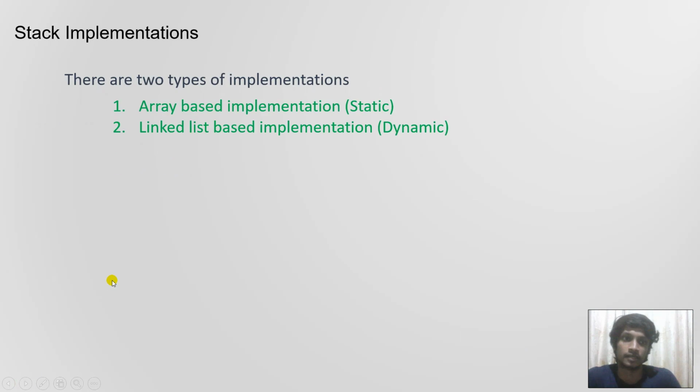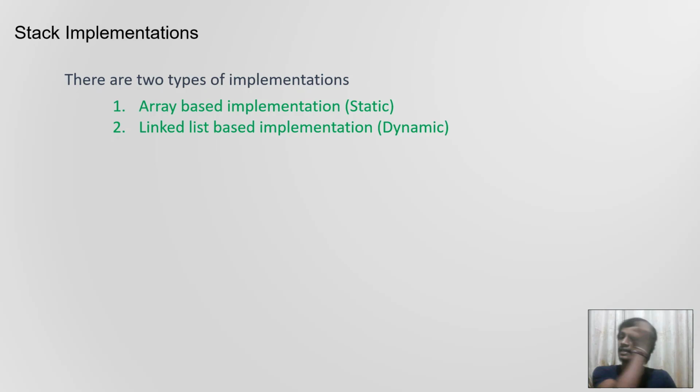Okay, stack implementation. There are two types of implementation. The first is the array based implementation, which is the static implementation, and the second is the linked list based implementation, which is the dynamic implementation. If you followed my previous episode, we talked about all the operations by considering arrays.